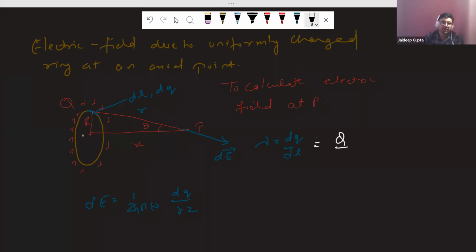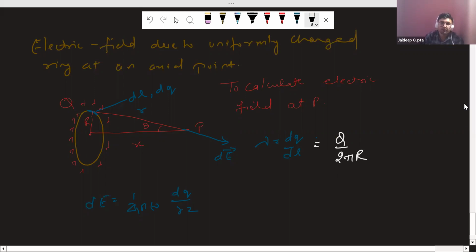What is the length of the ring? 2 pi R, the circumference. So lambda equals dq over dl, that is equal to q over 2 pi R. 2 pi R is the length of the ring. Circumference is known as the length of the ring.